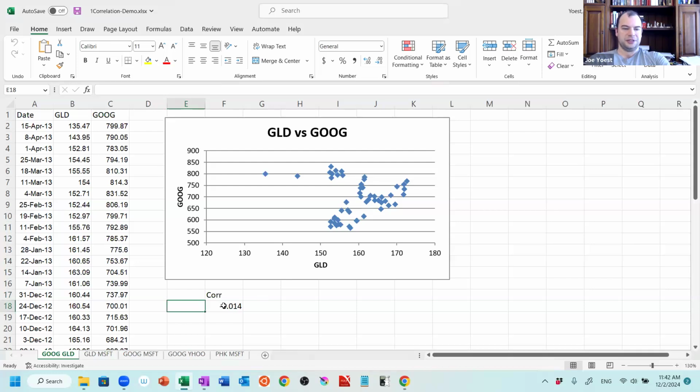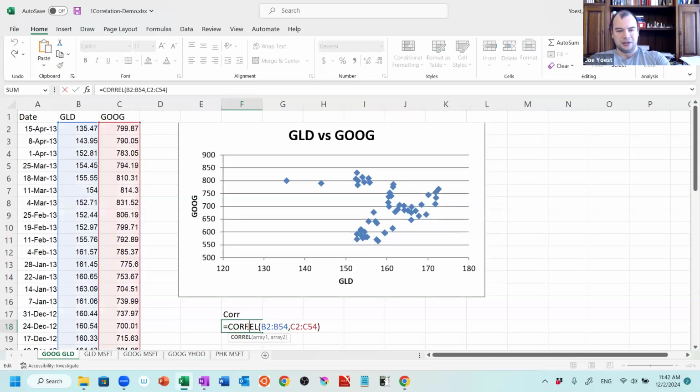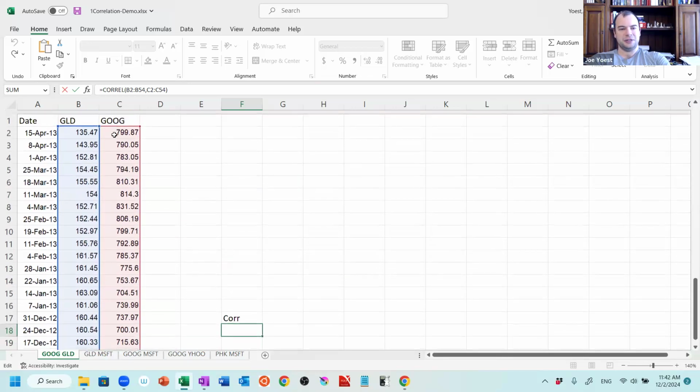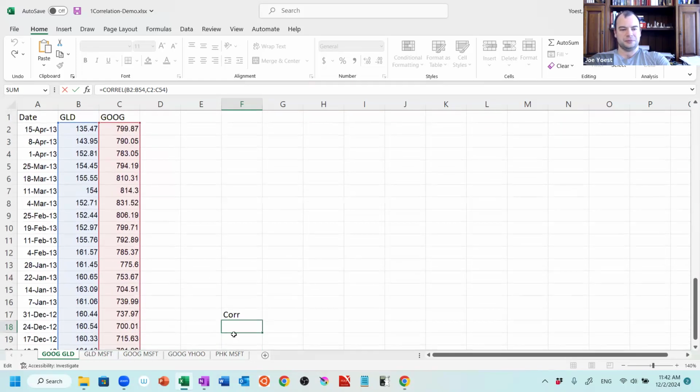How did I calculate this correlation? We're not going to go into even the formula for calculating it by hand. There is a formula, it's probably in your book, but it's long and cumbersome. We're going to use the Excel CORREL function, for correlation, between this list of gold share values and this list of Google share values.